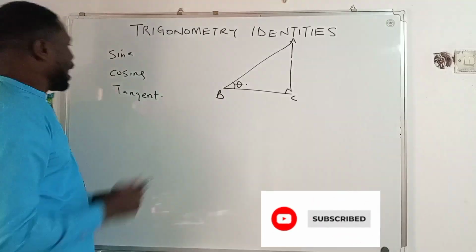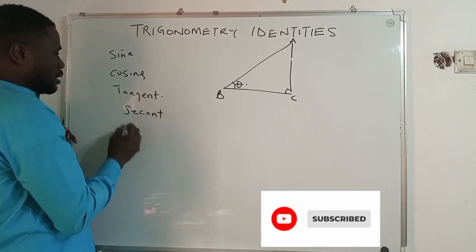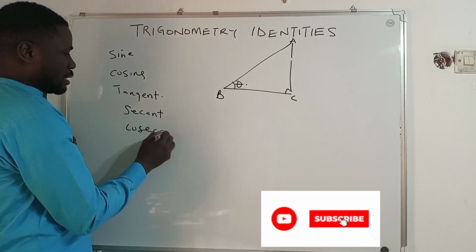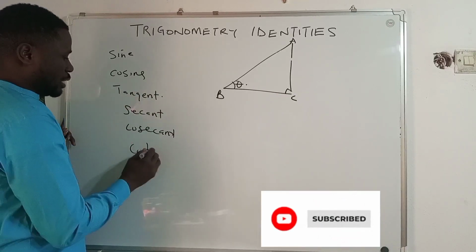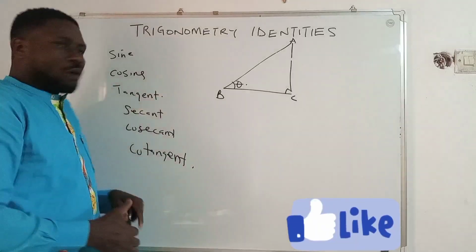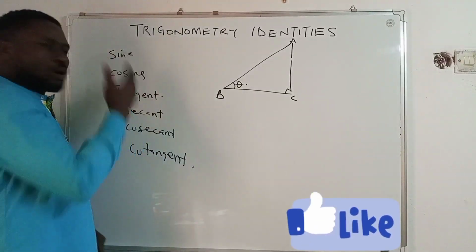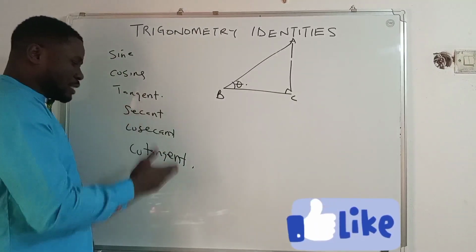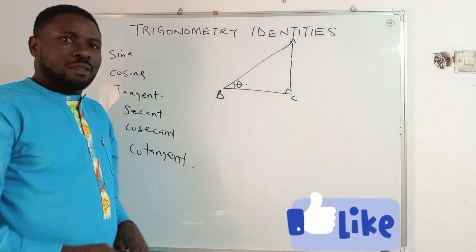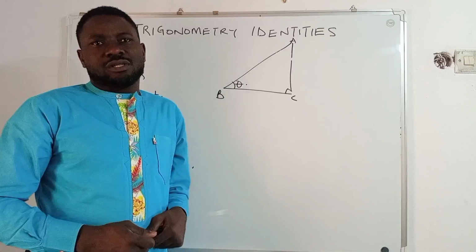We also have what we call the secant, the cosecant, and the cotangent. So what I will be doing is simply to tell you what the sine, cosine, tangent, secant, cosecant, and cotangent are, after which we'll take some basic questions.